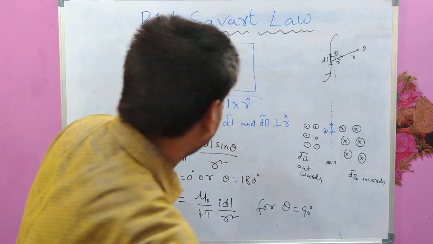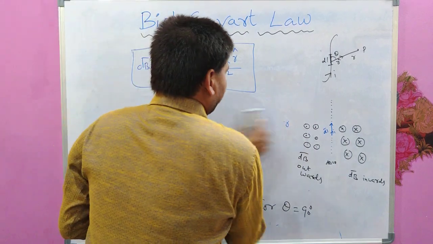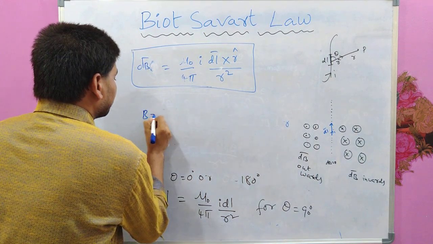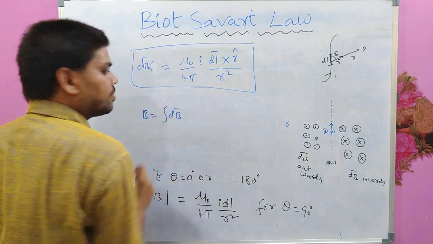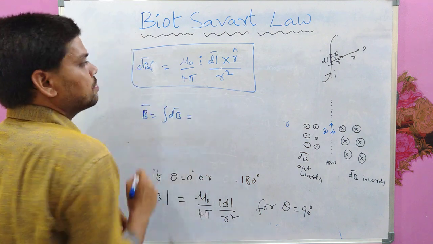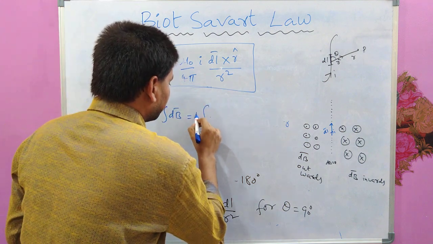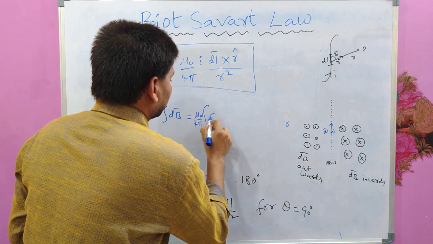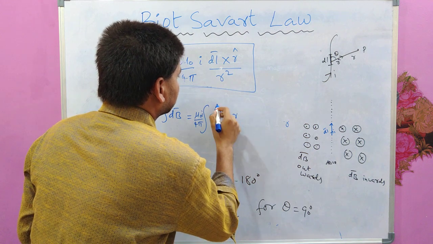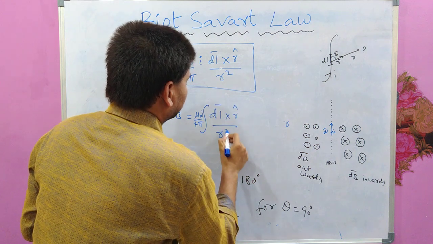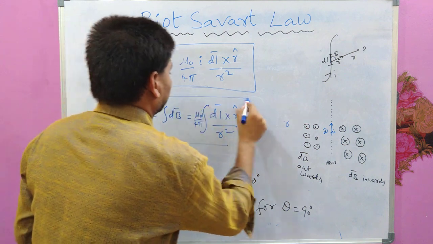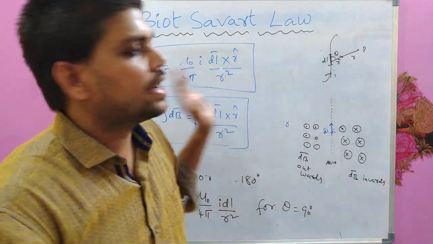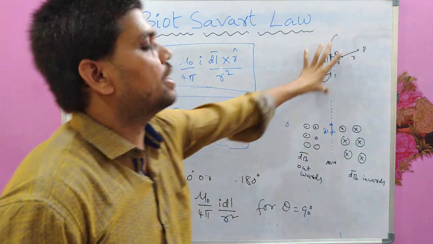So I can write the total magnetic field produced due to this current carrying wire would be B equal to integral dB, which would be equal to integral mu naught I by 4 pi dl cross r cap by r square. So this is the magnetic field produced by the entire wire.